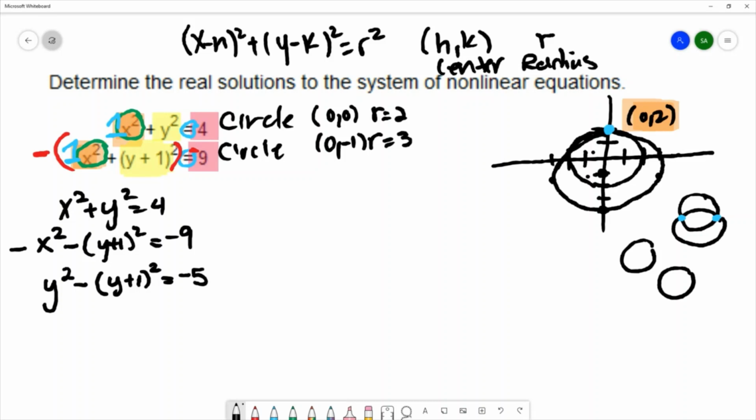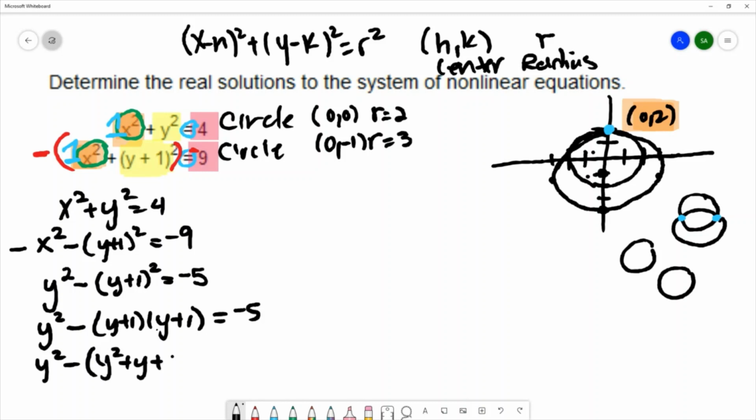So we've successfully eliminated one of the variables, that variable being x, and now we need to solve the remaining equation. So I need to multiply out the (y plus 1) squared, that's (y plus 1) times (y plus 1). When we multiply out (y plus 1) times (y plus 1), we would have y squared plus y plus y plus 1.